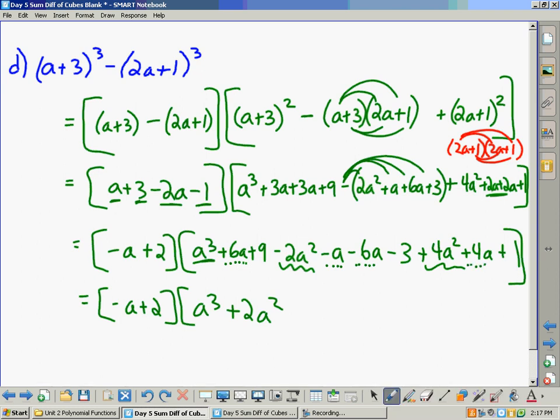And plus 4 is plus 3a. Did I do that right? Yeah, it looks good. And then my final steps are the constants. And I've got 9 minus 3 is 6, plus 1 is 7.